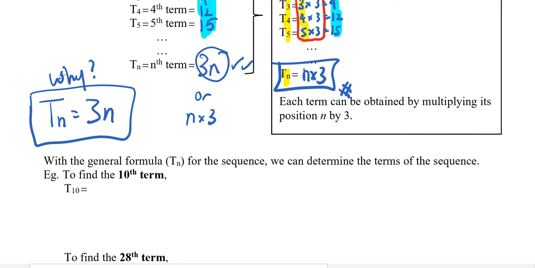Why? Maru? Why do you want to find term n? What for? Other than because the question says so, can you suggest a reason? Darren? Sian? Anyone?